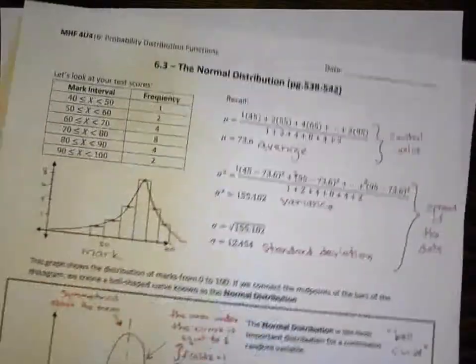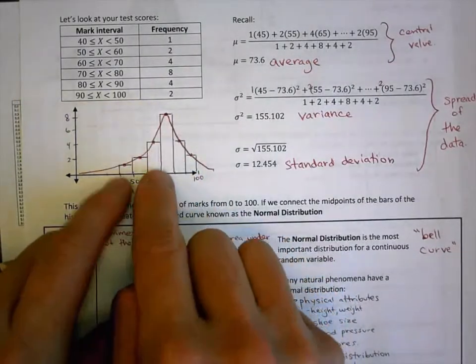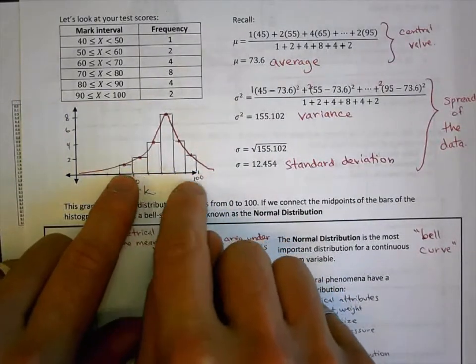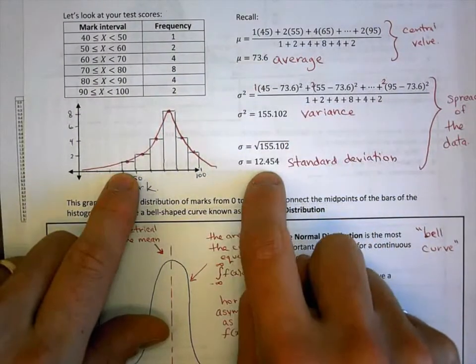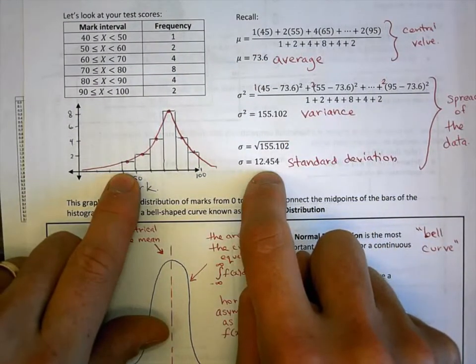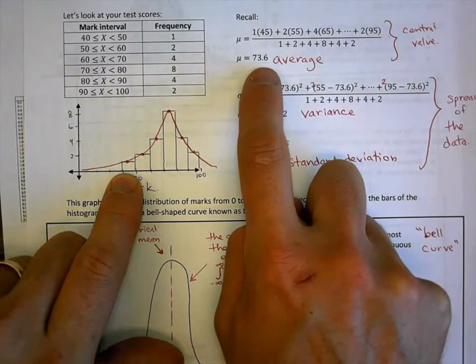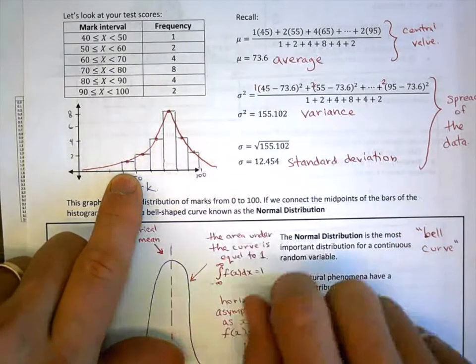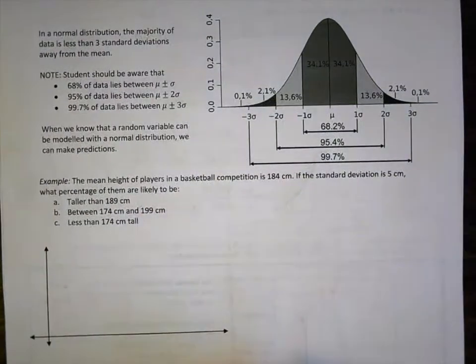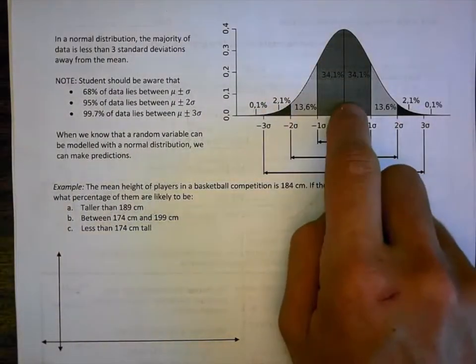If you want to go back to this question with your marks, this means that 99% of students should be within the mean, which is 73.6, plus or minus 3 standard deviations, which is about 36. So 99% of the data should be between 109 and 37 or whatever, which is correct. So that's the way the normal distribution works. We use it because we can make predictions using this information.